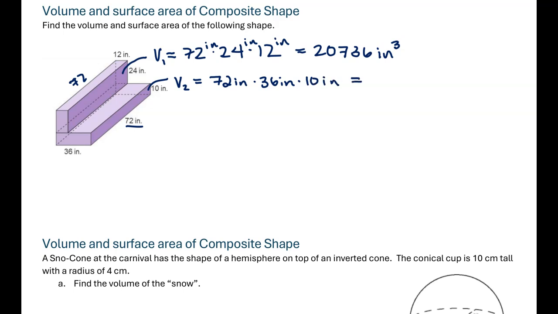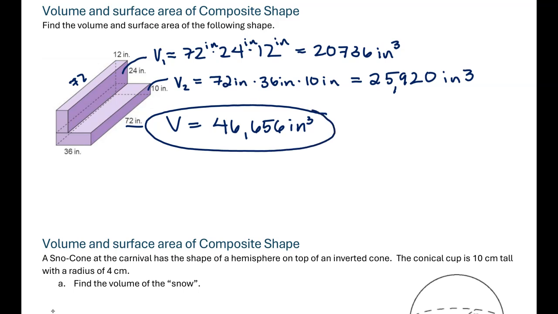So for that one, I get 25,920 cubic inches, which means the grand total volume is just the sum of those two. I got 46,656. So just add the two up, and that's the volume of your composite shape.